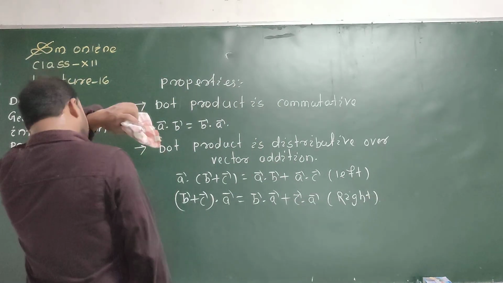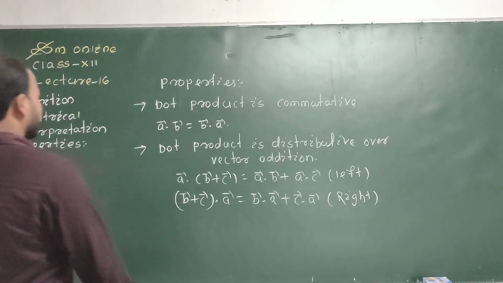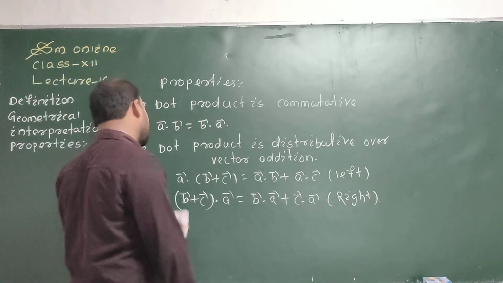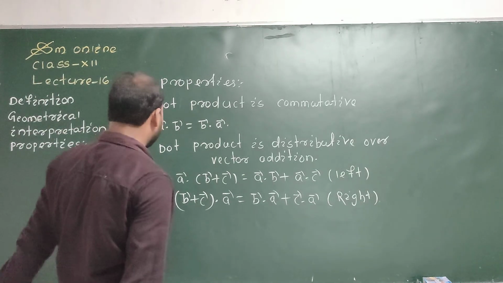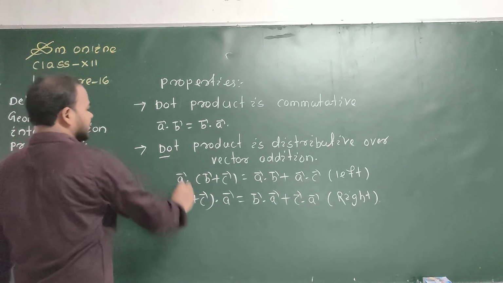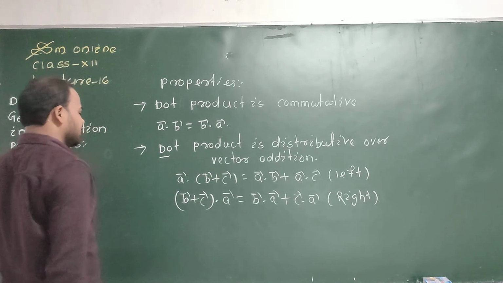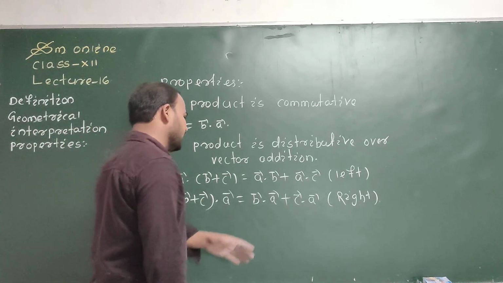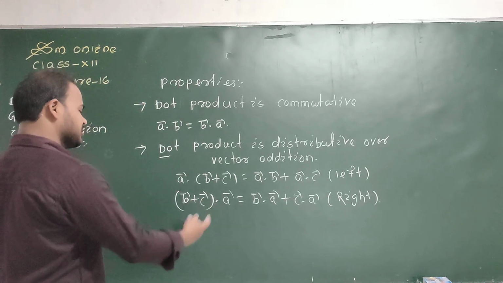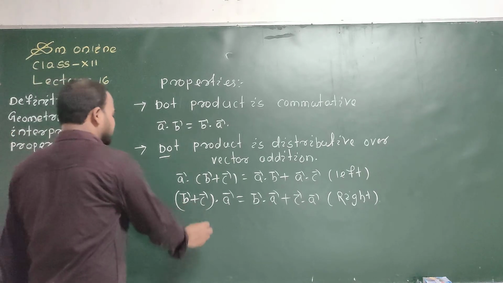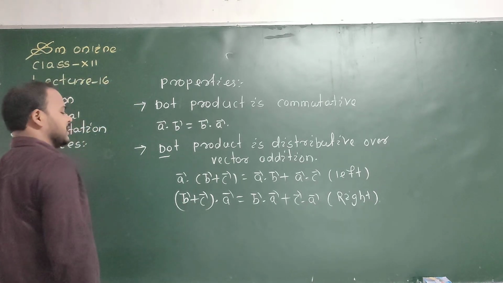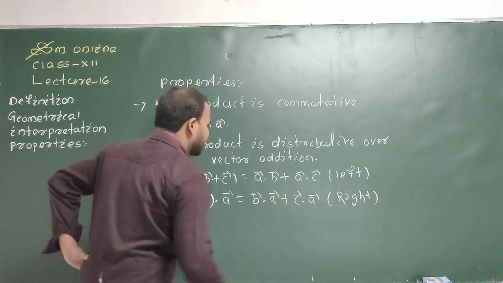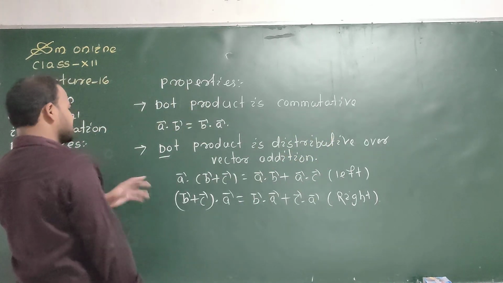Now these are the two main important properties of the dot product: the dot product is commutative, that is A dot B equals B dot A, and the dot product is distributive over vector addition, with left and right distribution.